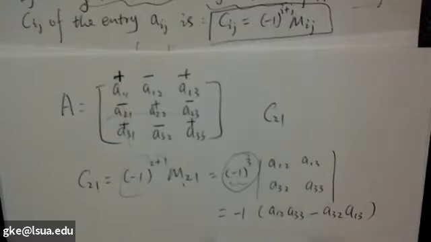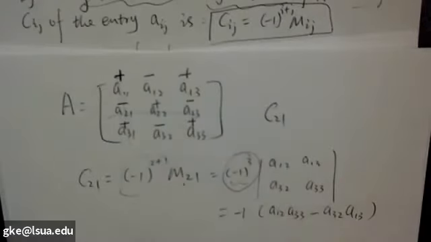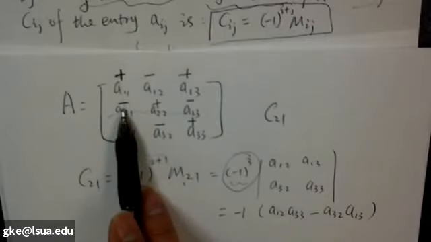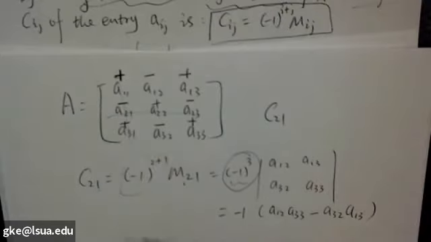So for C21, what's the sign? That is negative. We assign the negative, right? So we just put a negative times M21. That's the way we don't need to memorize such things.